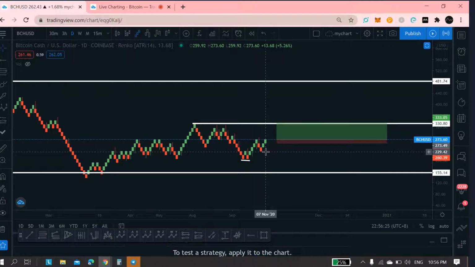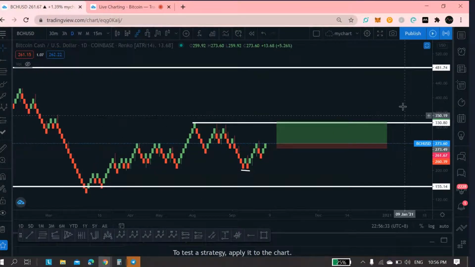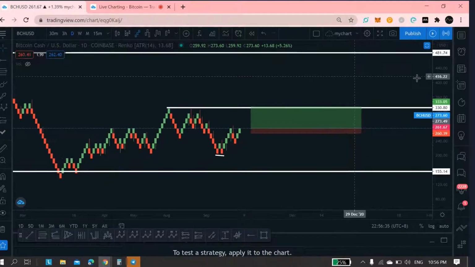Oh, the low of this one is 259. But at the moment, it's more conservative to go long after it reaches the 274 area. Because at the moment it can continue actually to trend lower.